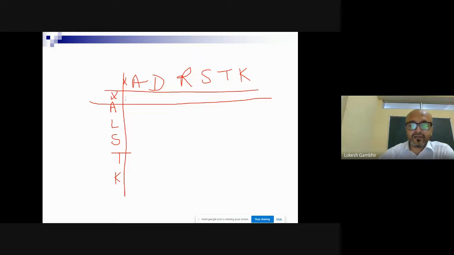So they labeled it 0, 0, 0, 0, and provided the initial score of dummy. This is not an alignment. This is a dummy row or dummy column that we are talking about.